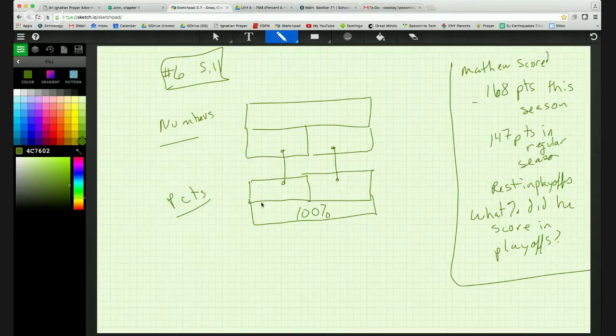Okay, now hopefully you've solved this by now. Just scribbled out some good answers. And let's see. So first of all, let's label these two pieces. Well, we have the regular season. He scored points in the regular season and he scored points in the playoffs.